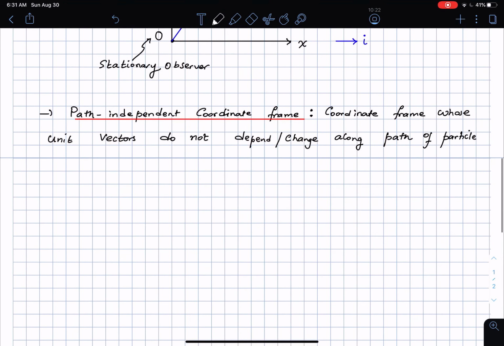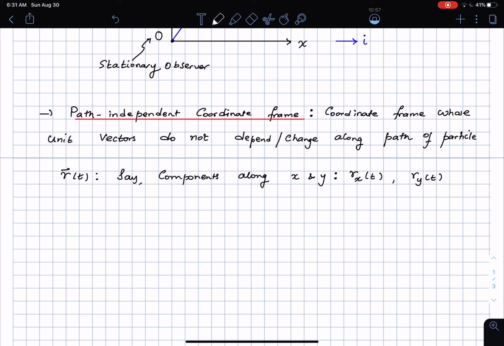Let us say r of t has components along x and y given as rx and ry. They could both be changing with time, so I should write them as functions of time, rx of t, ry of t.